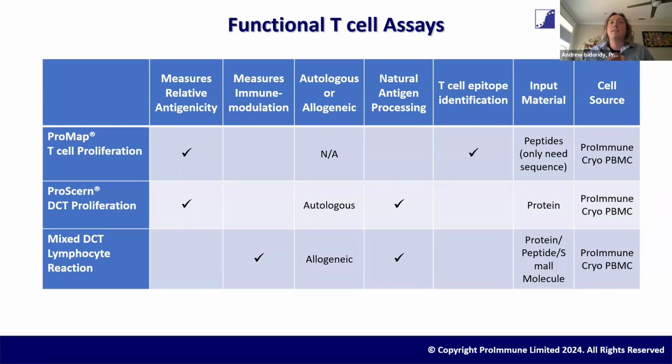In the case of the mixed lymphocyte reaction, we would be taking monocyte-derived dendritic cells from donor 1, and mixing those with PBMCs or T cells from donor 2. That causes a mixed condition, which drives an allogeneic response, and we can look for immune modulatory responses.